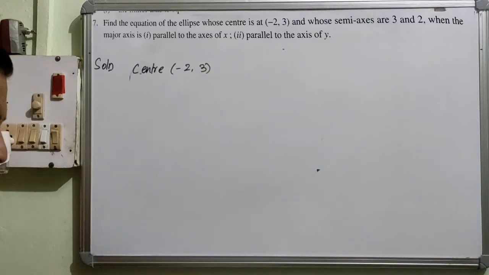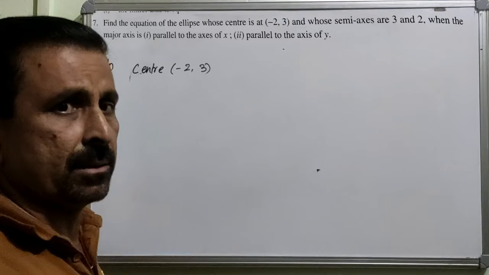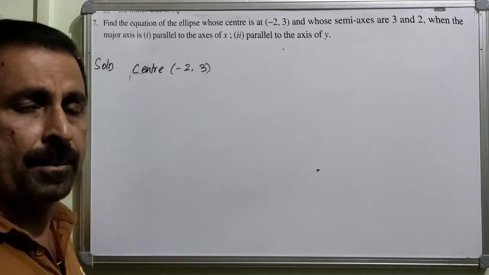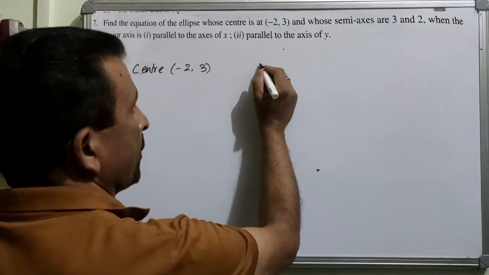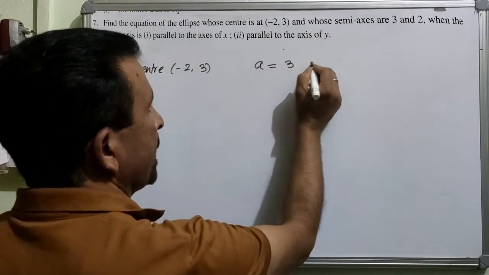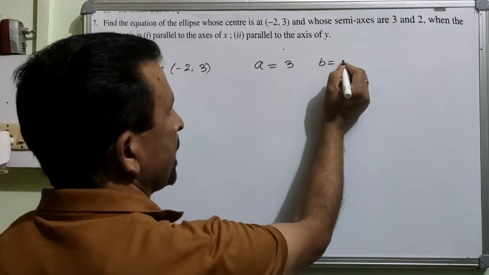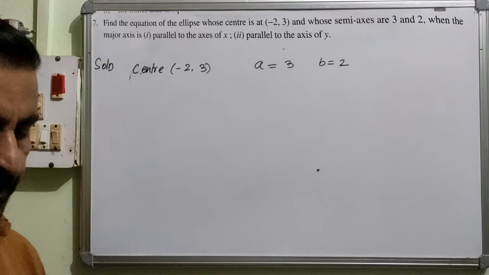And the semi-axes are 3 and 2. You know that the major axis is denoted as 2a and the minor axis is denoted by 2b. The semi-axis is half of that, so a will be equal to 3 and b, the semi-minor axis, is equal to 2. So these are the informations given to us.